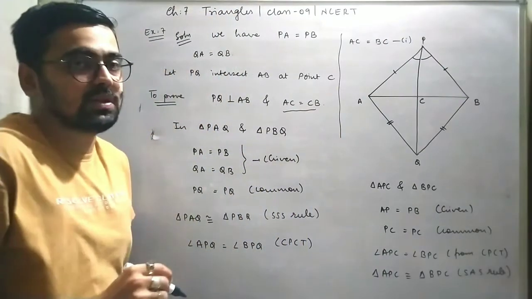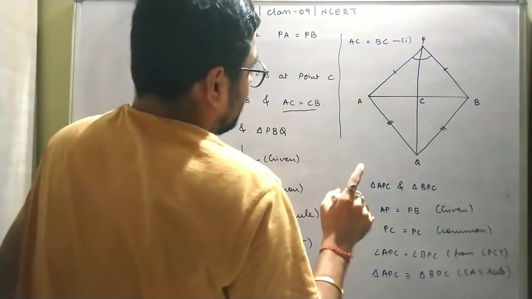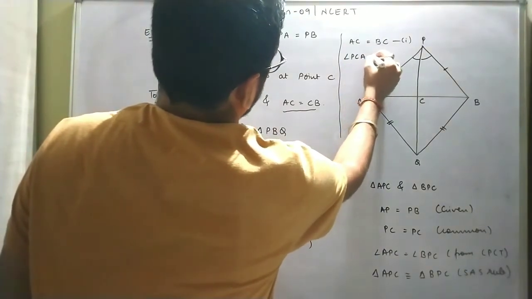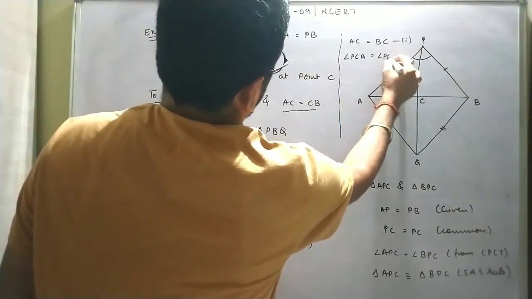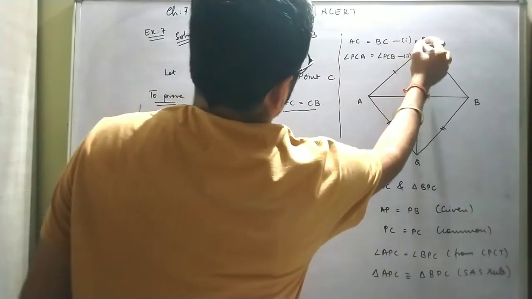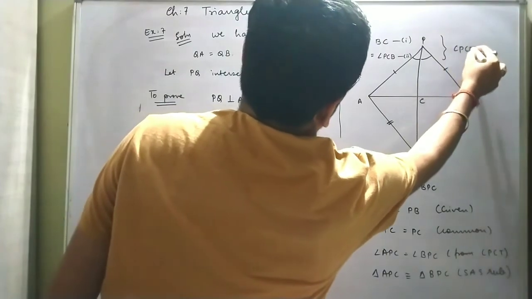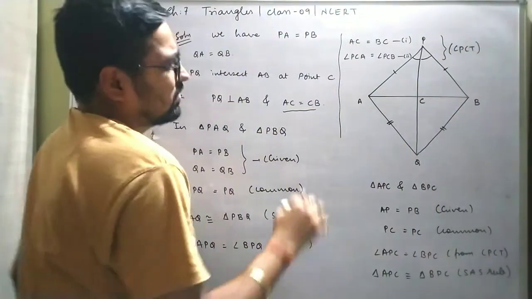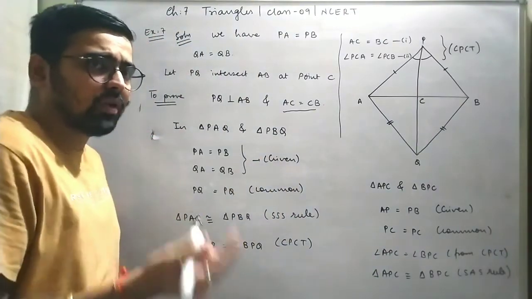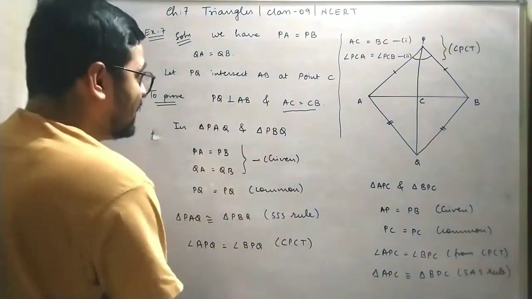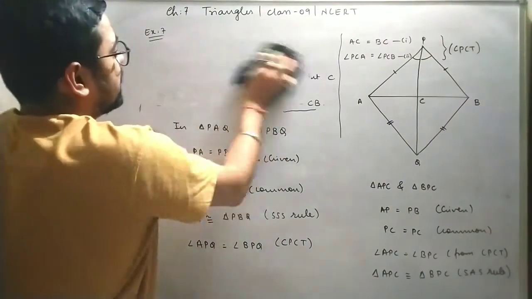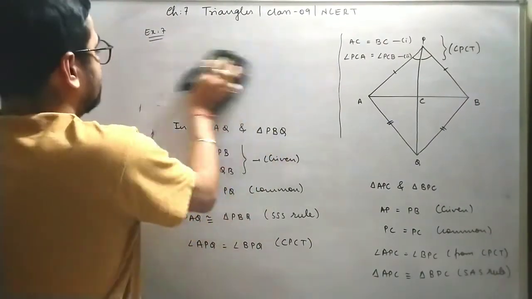AC equals BC. Second, by CPCT we are getting that angle PCA is equal to angle PCB. This is the second I am getting, but both of them are with the help of CPCT. But that's okay that we got these two angles equal. That doesn't mean they are 90. How can we say they are 90? So to make it 90, we have a simple understanding from chapter number 6.